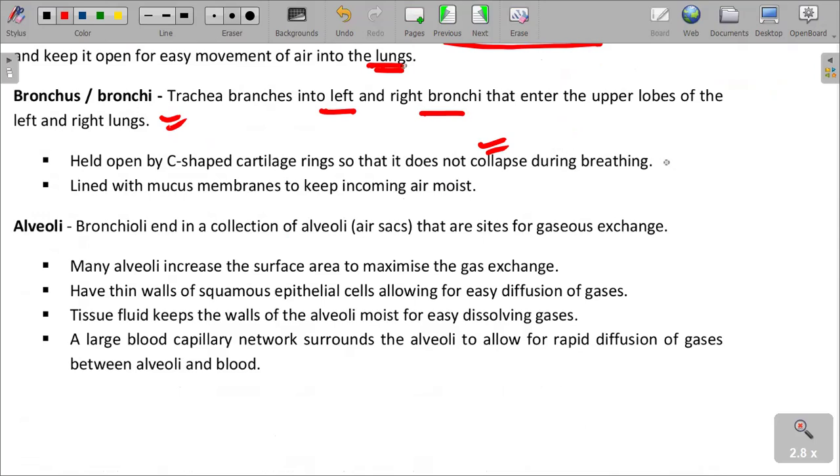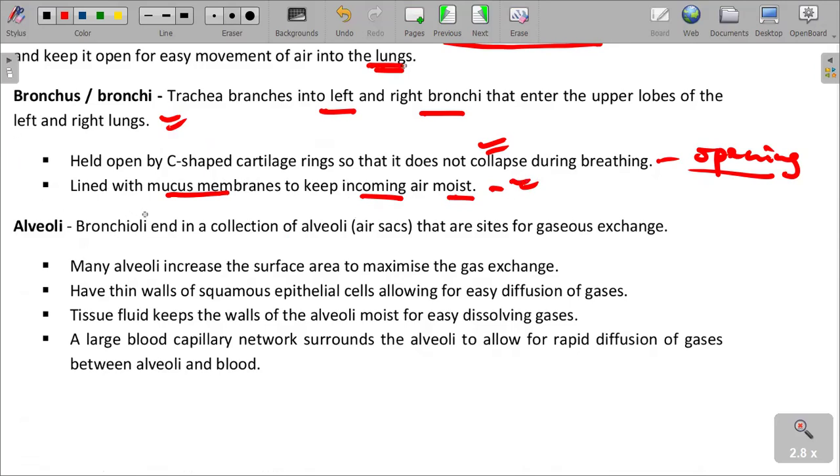We are talking about keeping it open. And then it is lined with mucous membrane to keep incoming air moist. There is mucus that keeps the incoming air moist, which is also one of the characteristics we talked about with regards to gaseous exchange.